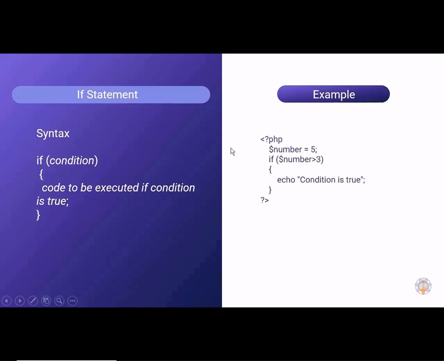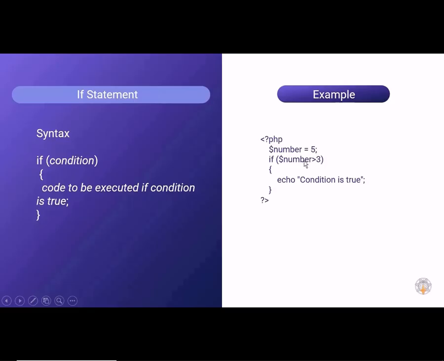Here in this example we have declared one variable named number. We have assigned the value 5 to that variable, and we are checking whether that number is greater than 3. So the condition is whether 5 is greater than 3.